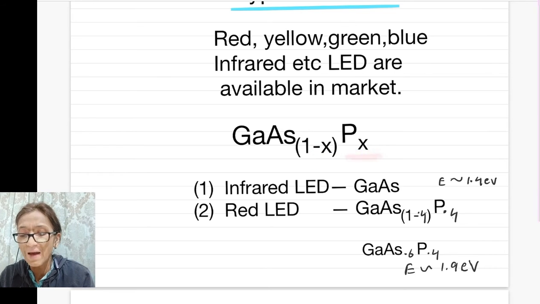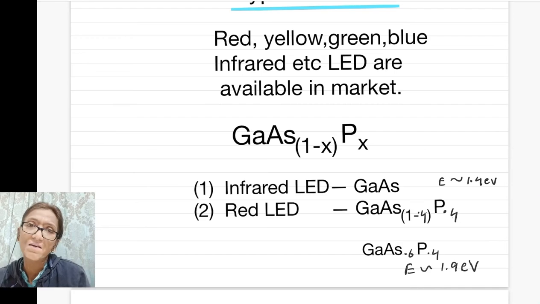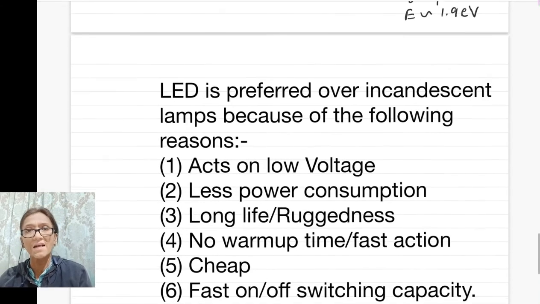So when x is taken as 0.4, arsenic becomes 1 minus 0.4, that is 0.6. And this is for the red LED. Infrared LED is made by gallium arsenide only. So these LEDs are available in the market.